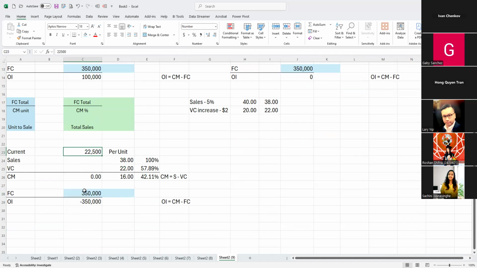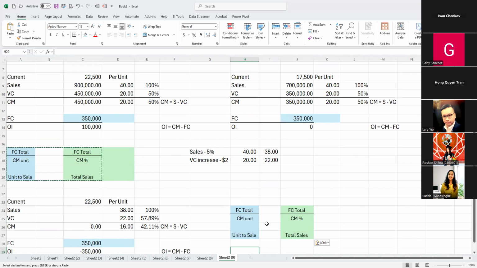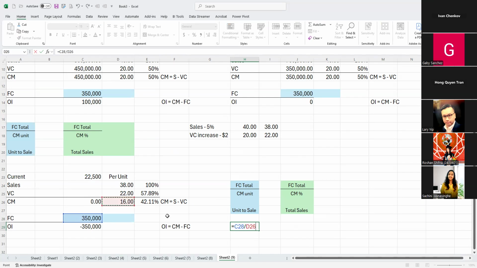The only thing we can get from here is the units to sell. How many units do we now need to sell to get the break-even? 350,000 divided by 16. Correct? So that's how many units we need to sell.